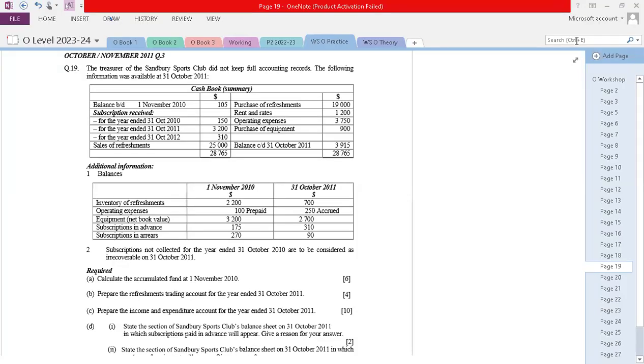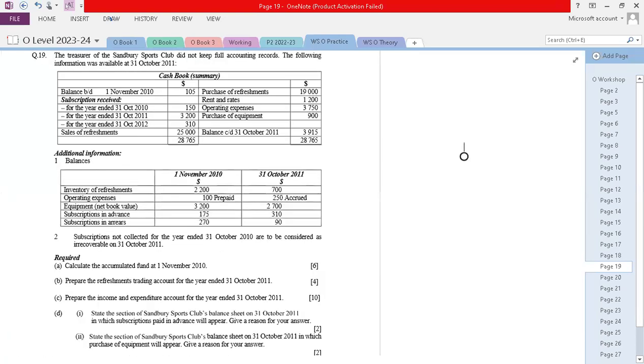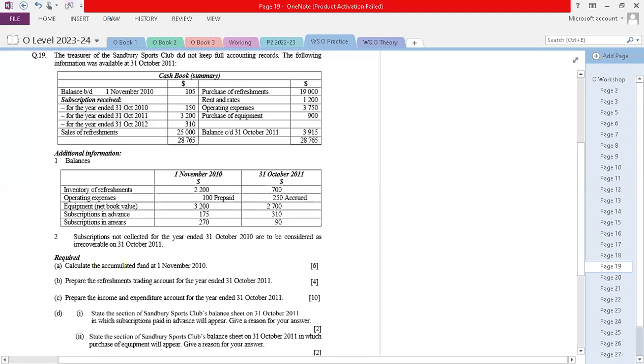Here we go for the next question of the same non-profit organization. Let me see what they asked for. Again, they asked for accumulated fund at the start.